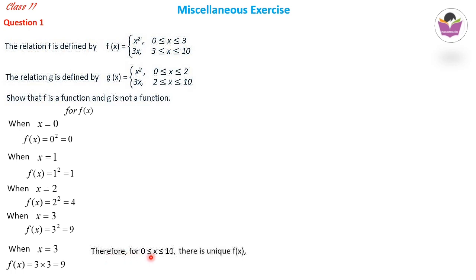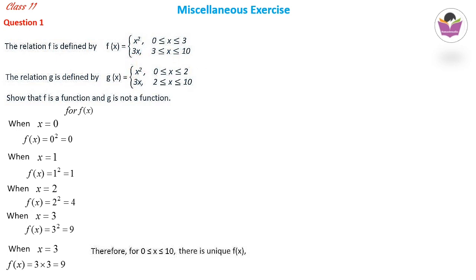Therefore, for 0 less than or equal to x less than or equal to 10, there is a unique f of x. Between 0 to 10, I have taken only up to 3. You can simply try it with 4, 5 up to 10. It's not a problem, and by observation also we can write. After finding 2 or 3 values, by observation we can say we will only get unique images. If you put 4, 12 will come. If you put 5, it will be 5 into 3, 15, and so on. Only unique images.